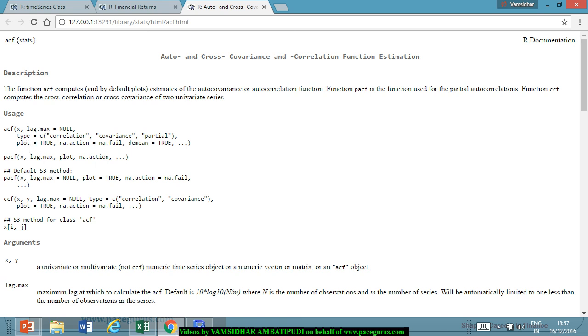I'll take the x, and because by default the plot is true, I will set plot to false, so that the complex graph plotting is avoided altogether.